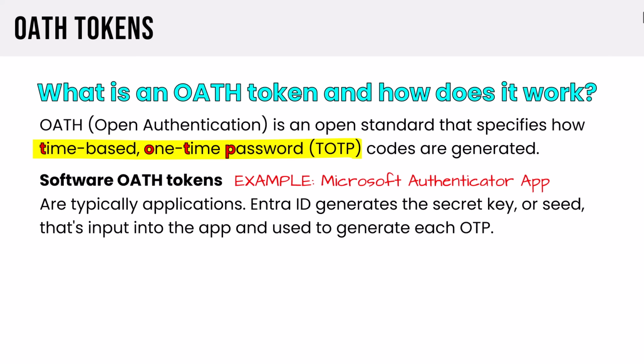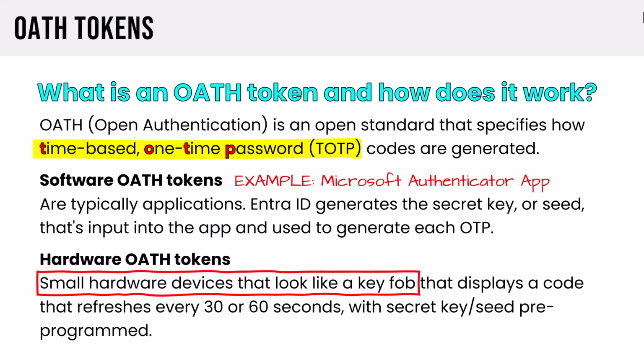A good example of a software OATH token is the Microsoft Authenticator app, which will generate that numeric code that rolls over every few seconds. And then we have hardware OATH tokens, which are small hardware devices that look like a key fob that displays a code that refreshes every 30 or 60 seconds with the secret key or seed pre-programmed.